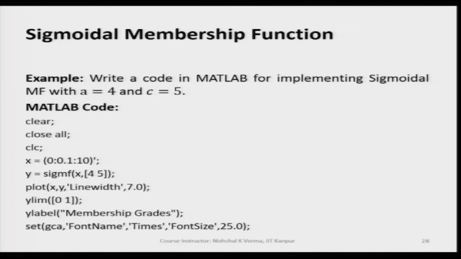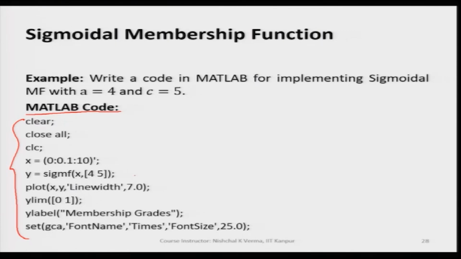Like other membership functions, we have the MATLAB code for the sigmoidal membership function also. This MATLAB code is given for generating the sigmoidal membership function. If we use this MATLAB code and feed the values of a and c suitably, we can get the sigmoidal membership function generated.